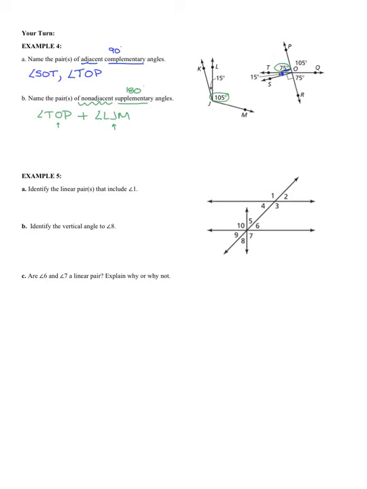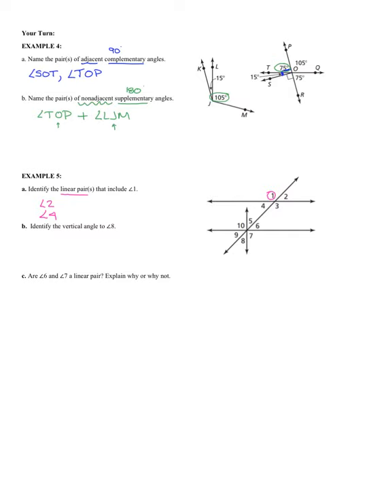And then down here, identify the linear pairs that include angle 1. So here's angle 1. So a linear pair, let's see, again, a linear pair has to be adjacent and add up to 180. So angle 2 is a linear pair with angle 1, and we have angle 4 is a linear pair, because you could have this line right here, or you could have this line right here, either one. Angle 3 is not.